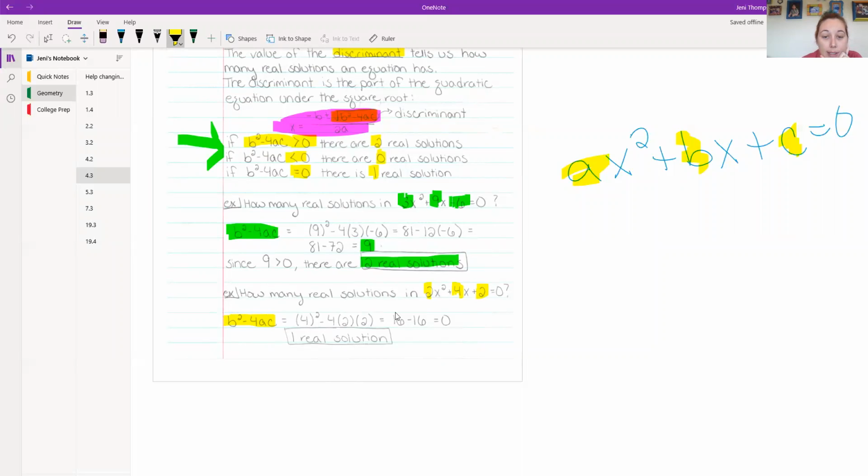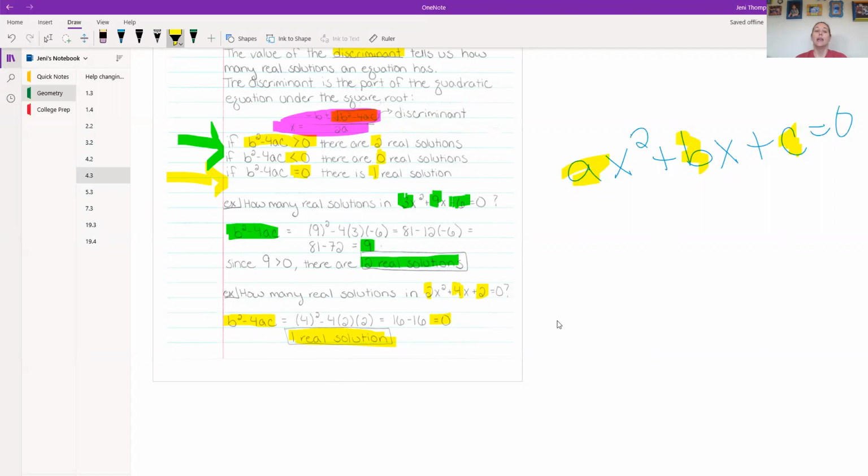So 16 minus 16 is 0. And we know that if our discriminant equals 0, then that means there is 1 real solution.